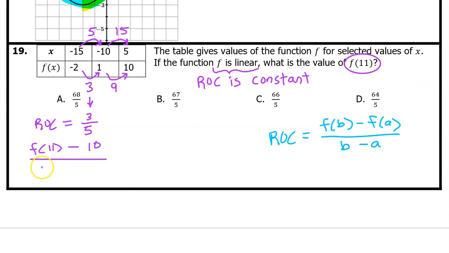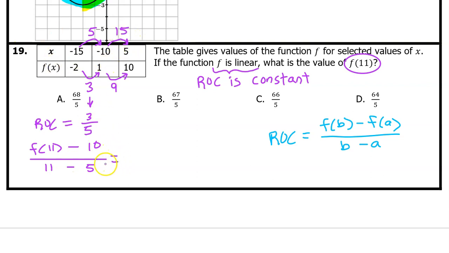Now we need to divide by the corresponding change in x. We need x minus x. So f at 11 is the y value. 11 itself is the x value. The x value that goes with 10 is 5. So my x minus x will be 11 minus 5. So this will give us the rate of change for this function.